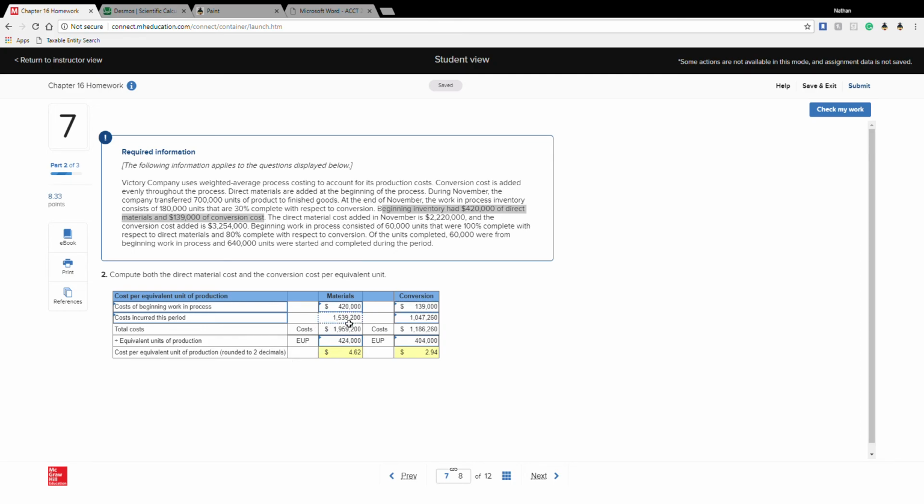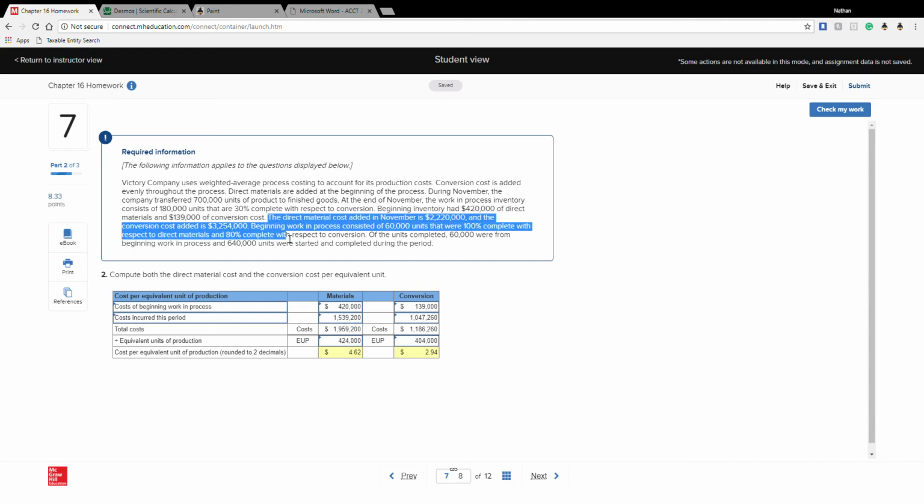So again, we're looking at what costs were incurred and added. We had 2,220,000 for materials, and then we had 3,254,000 for conversion. Okay, so now we've got our true cost for question 7.